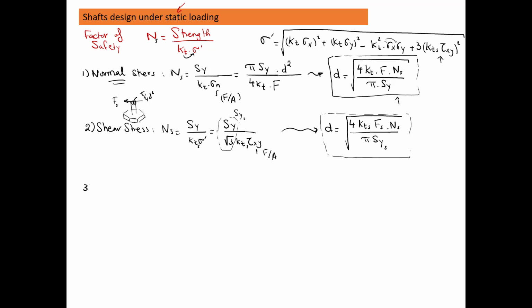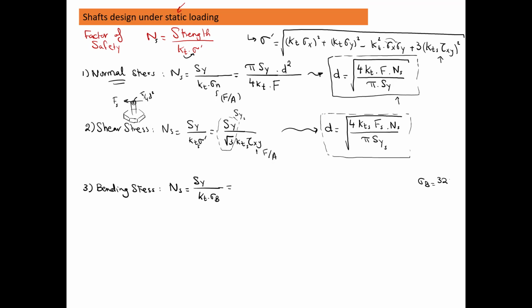The third case is bending stress. So how do we find the diameter of a shaft under bending? The same way as we did before, it's SY divided by KT times sigma, since we're assuming that we only have pure bending. And recall the equation for the bending stress.